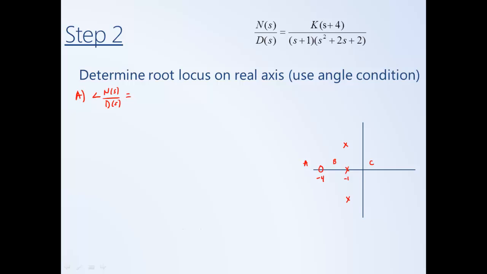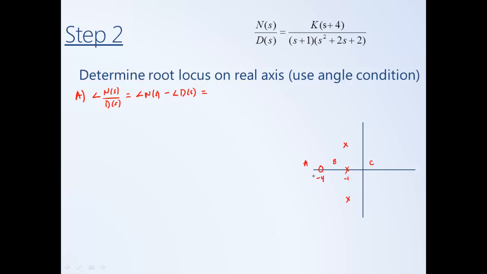You can imagine them in exponential form, or Euler form, where the angle of the numerator subtracts the angle of the denominator complex number. Another way to think of this is that these are angles from zeros, and these are angles from poles.